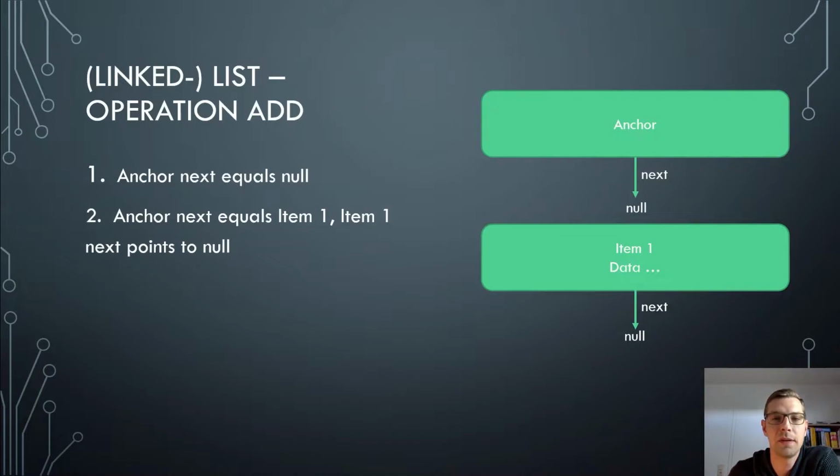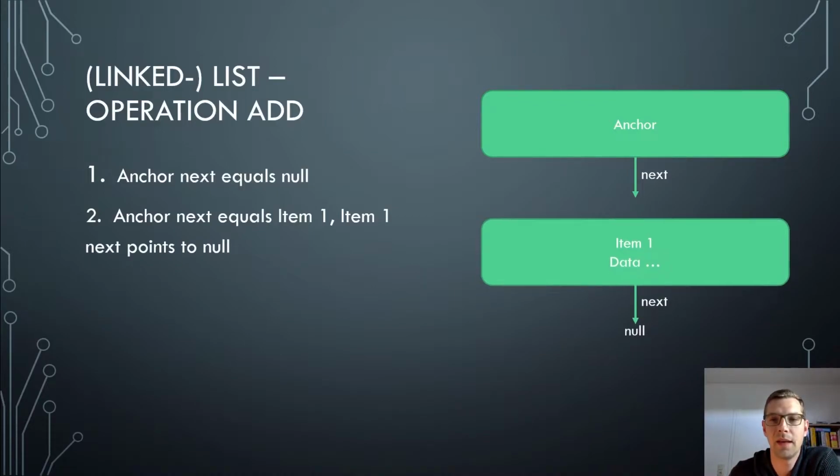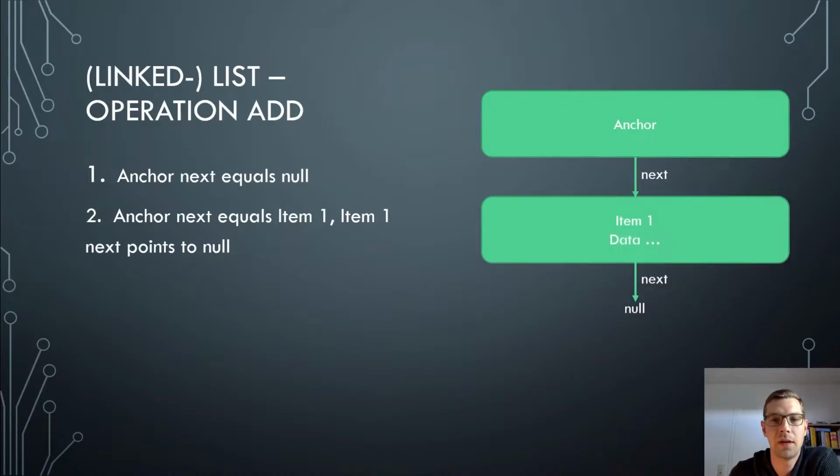And if we want to insert an element, then we have to change the next pointer of the anchor to our element. In this case, it is item 1. So we create the item and then we set anchor.next to our item 1. And as you can see, the next pointer of our item 1 is now null.